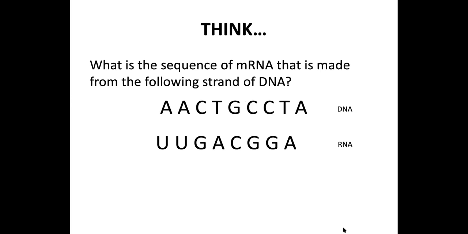Just make sure when you are given a question that you look at what the question is asking for. Is it replicating DNA or is it transcribing? If it's replicating, we're going DNA to DNA, so the T doesn't disappear. But if we are going from DNA to RNA for transcription, that U is going to come into play.